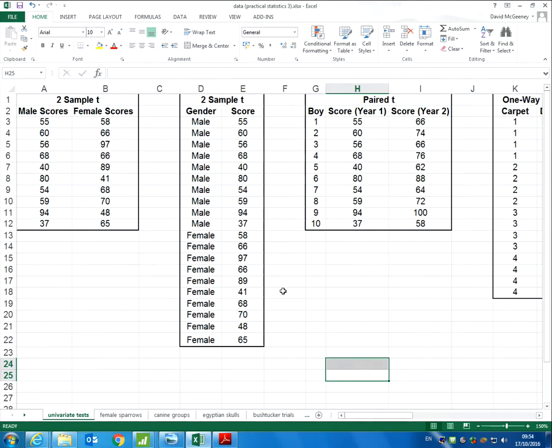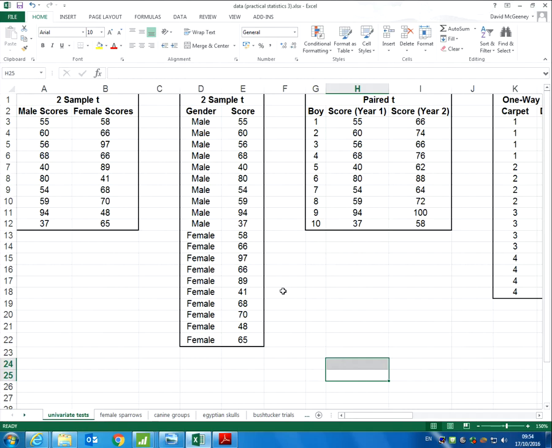Now here it will be the two sample t. Can anyone help me write down the null? What does the word null mean to you? Null, N-U-L-L, nothing, zero, no difference. So the null here would be, we've got boys and girls, males, females, so the null would be that they are equally as good at maths. Does that make sense? The true means are the same.